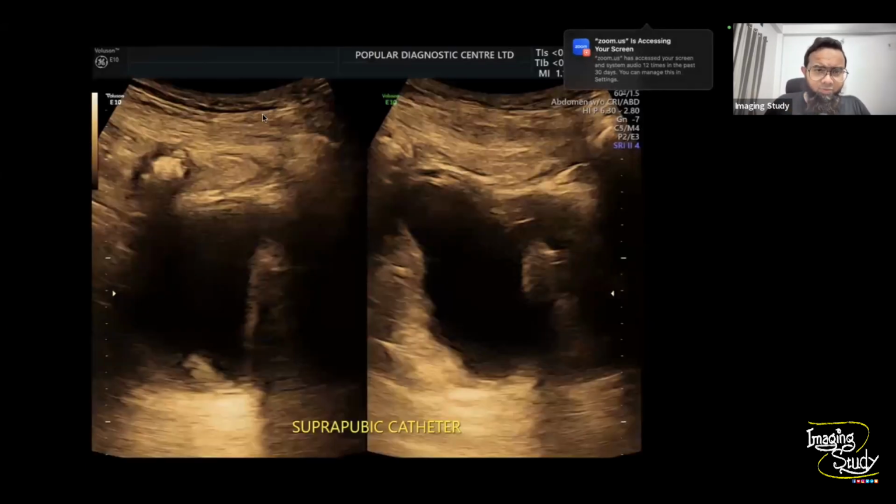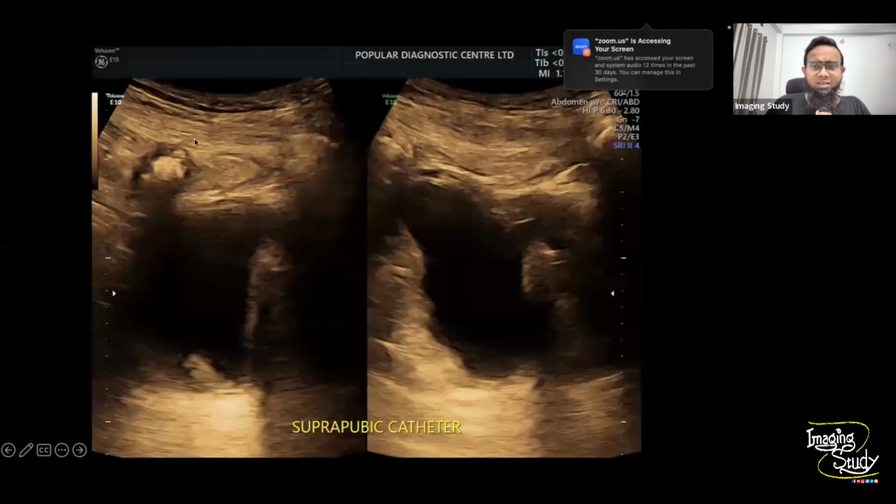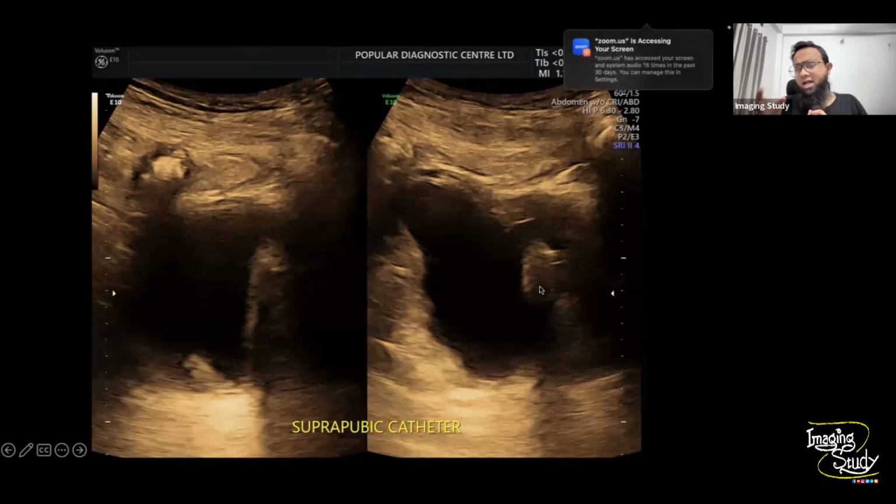Now, here's the glimpse of the suprapubic catheter. Let me show here. You see, this is not the median lobe enlargement. This is the suprapubic catheter, which is within the urinary bladder in this view. And if you look at the skin and that region, this is the area of the catheter which is entering into the urinary bladder. So this is not the actual thing I am going to show you for this case.